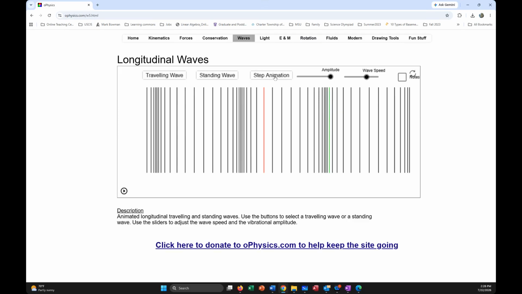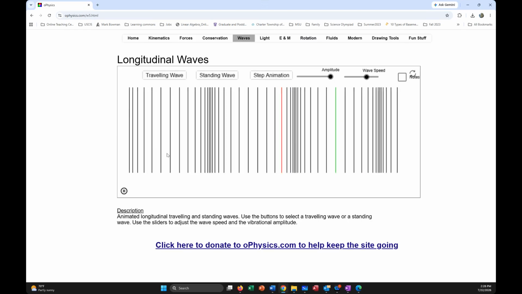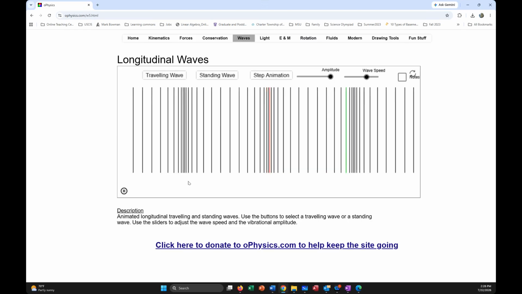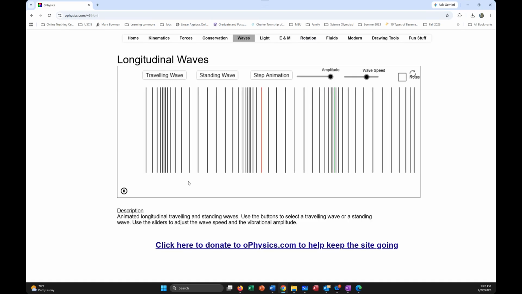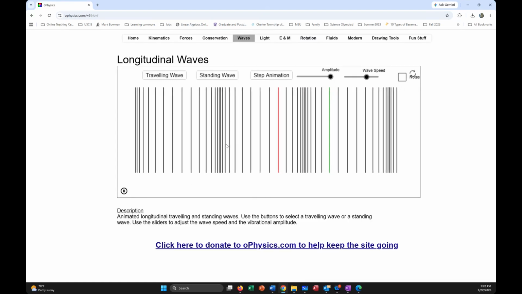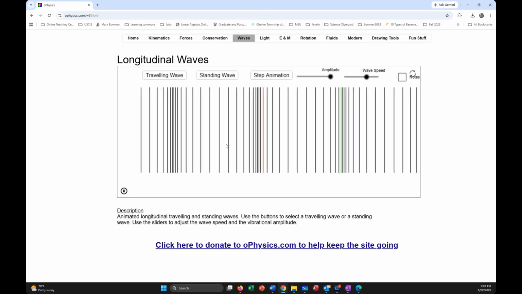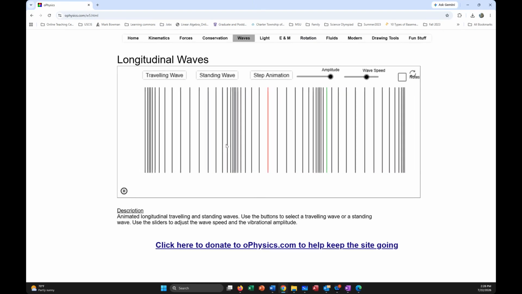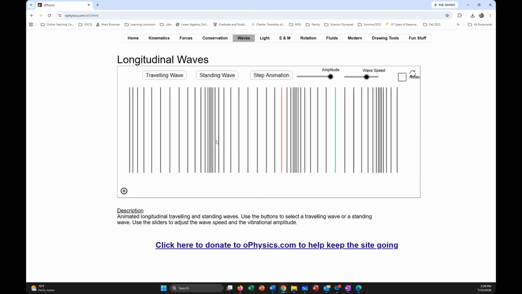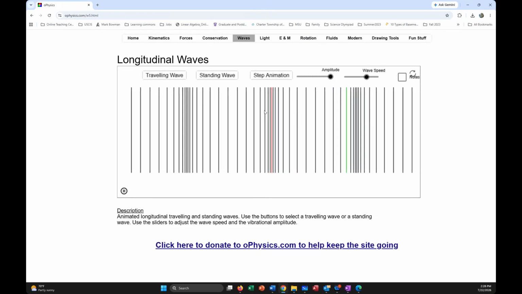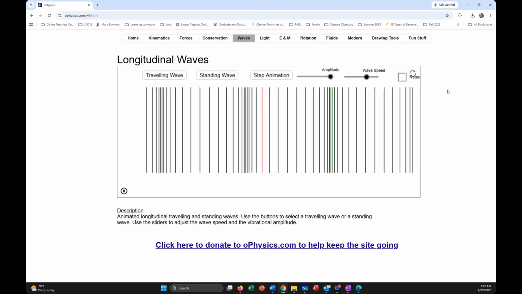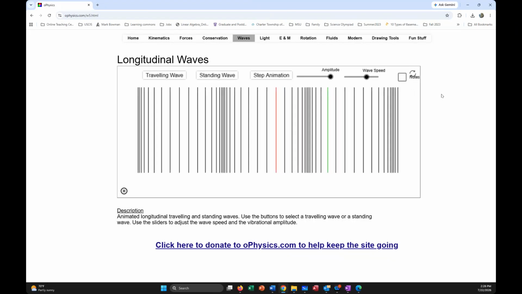This is an example of a longitudinal wave, where the propagation of the wave and the medium's motion are in the same direction. You will see the compression keep running through the wave propagation.